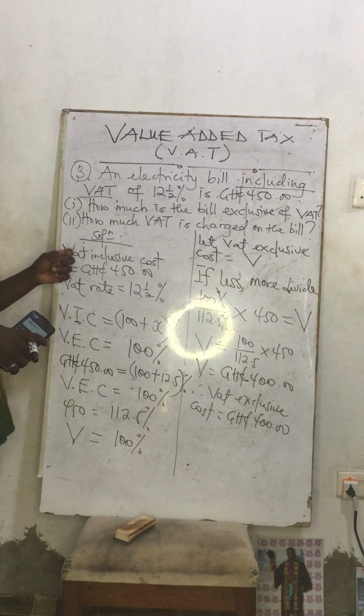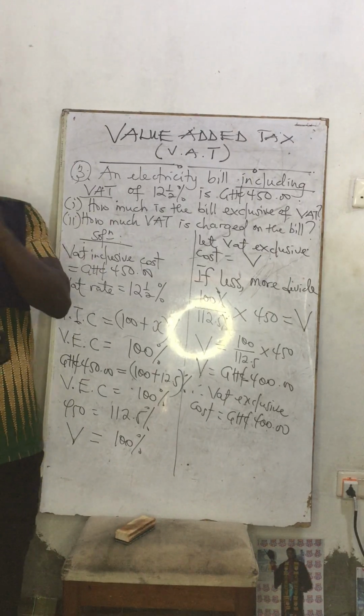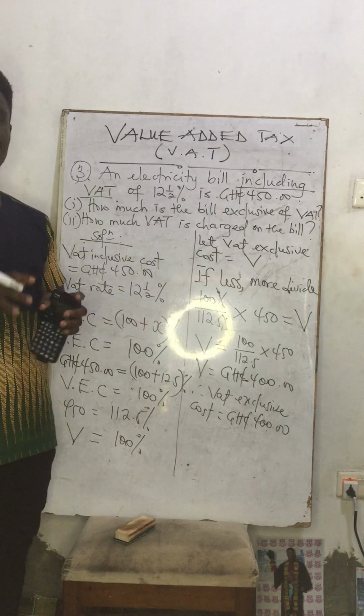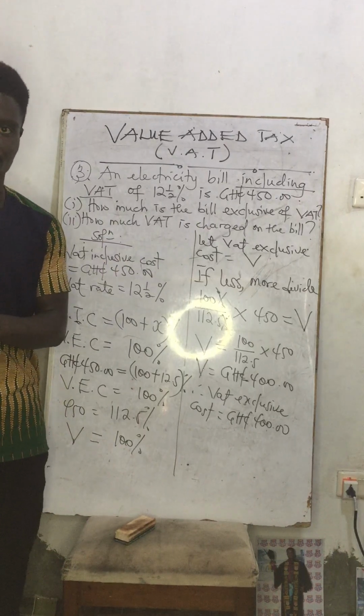All right, so the second part says, how much VAT is charged on the bill? Here we can use two approaches to find the amount of VAT. You can use VAT inclusive cost is equal to the basic cost plus VAT.